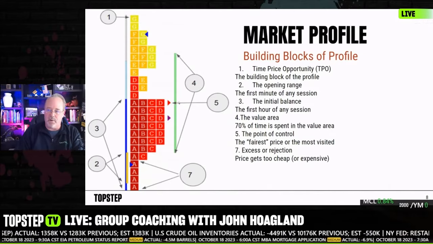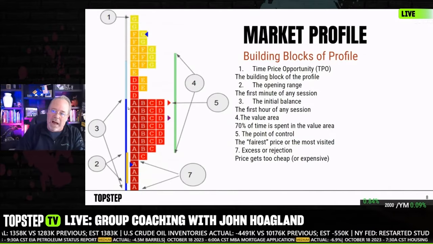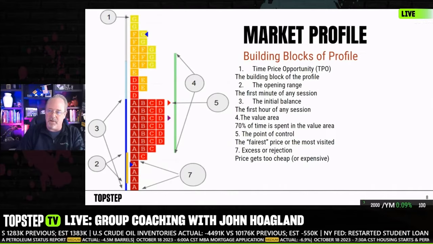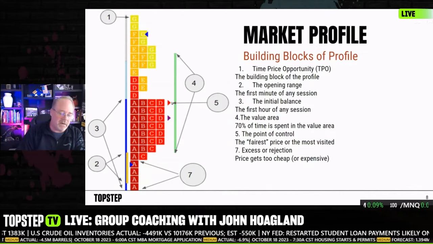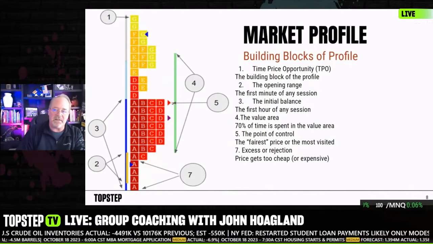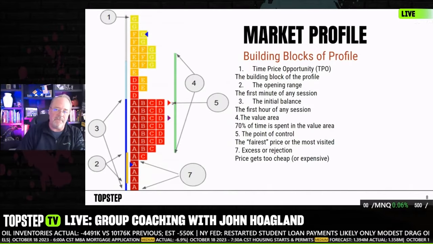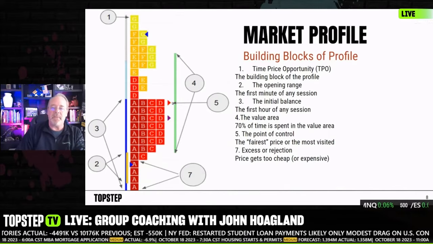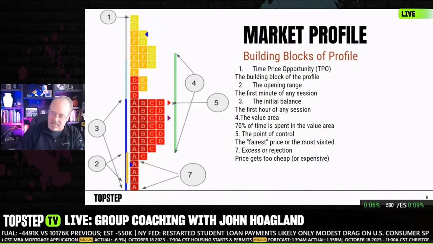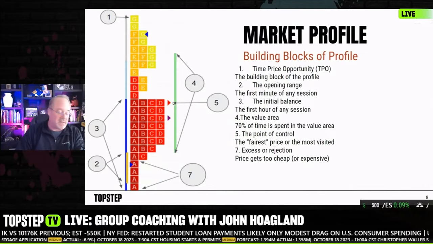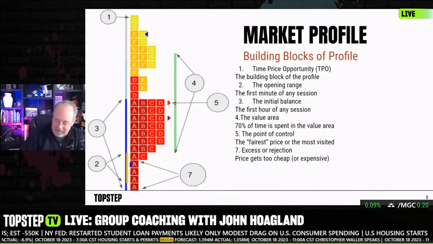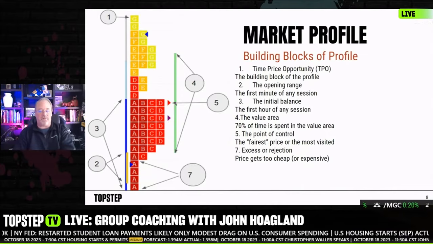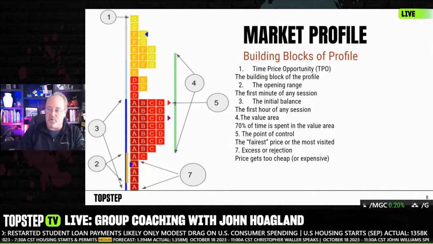Okay, point of control: the widest line of TPOs closest to the center of the range. It's considered the fairest price of the day. It's been most visited, therefore it is considered the fairest price of the day. It's a comfort level. And when we start to look at naked points of control, you'll see how powerful these naked points of control can be.